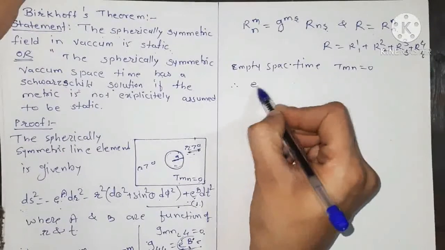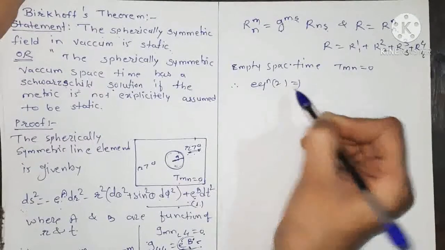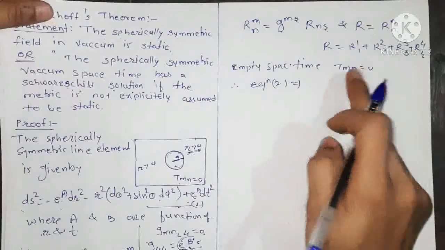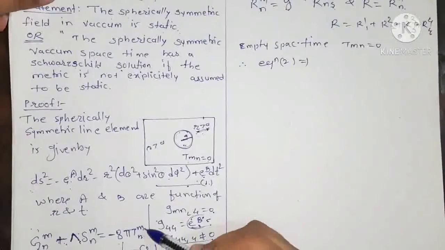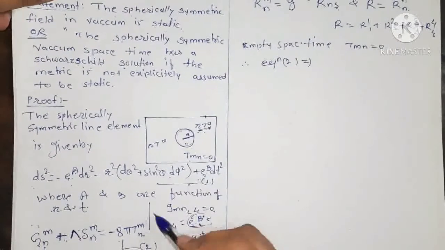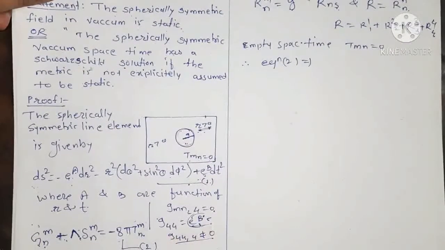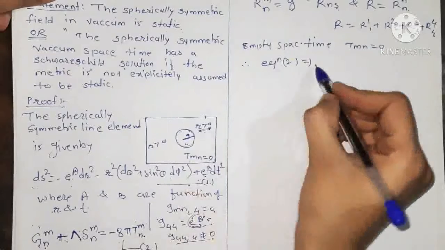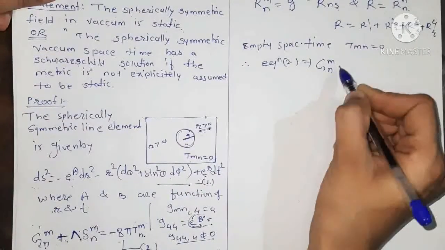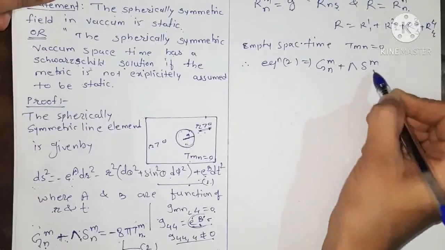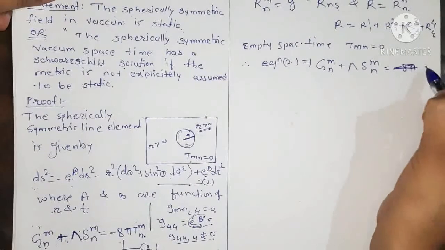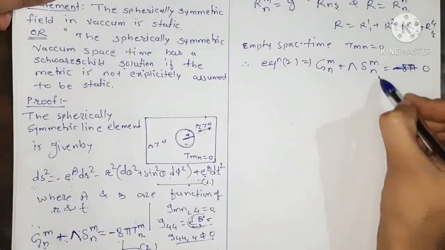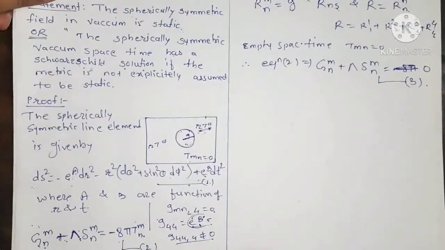Therefore equation 2 implies T_mn equals 0, and if we transform this into the mixed tensor form T^m_n, we get this also 0. Therefore equation 2 becomes G^m_n + Λ δ^m_n = -8π times 0, that is equal to 0, and we give this as equation number 3.